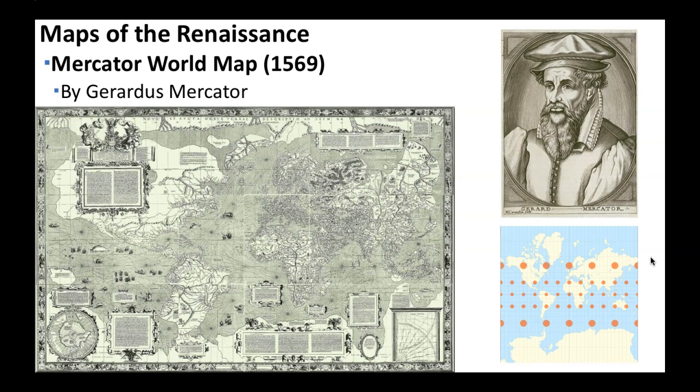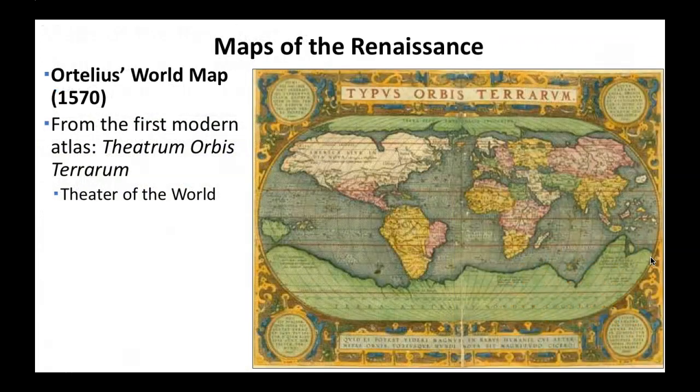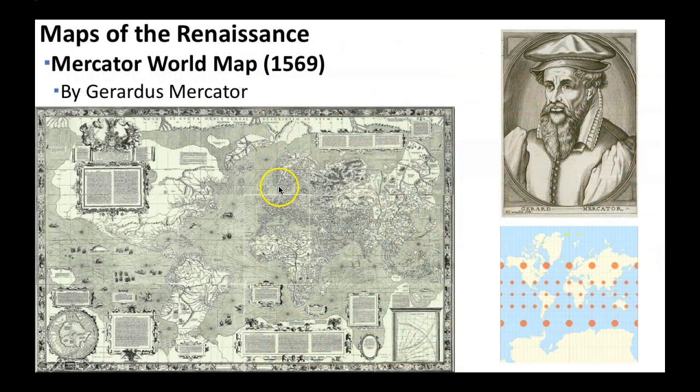He is also going to incorporate the latest knowledge about the new continents in the Western Hemisphere, and he is going to use a grid system along with a series of rhumb lines that are going to be able to direct navigators. So based on his new projection, if you follow a straight line with a compass, you will be able to get to the other part of the world where that line ends.